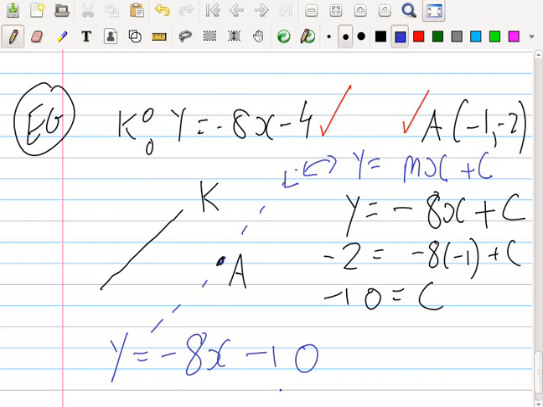And you can probably guess what the next example should be. I've just done a parallel, so now I'll do a perpendicular one. Sorry, you didn't do 1B. You mixed up A and B together. Alright, it's my own example then.